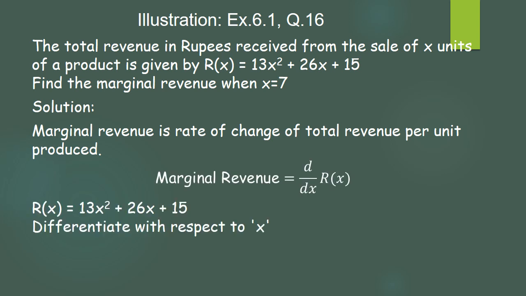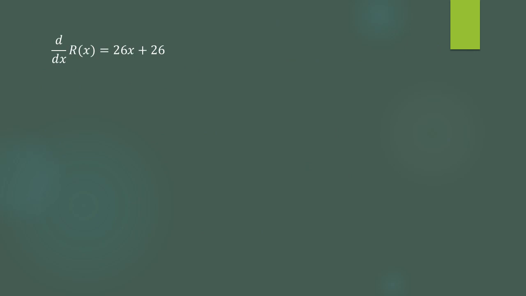So we'll differentiate this R of x. The function is given as 13x square plus 26x plus 15. Differentiate this with respect to x. Our derivative of R of x is 26x plus 26. Now they have asked to find the marginal revenue when x is 7.